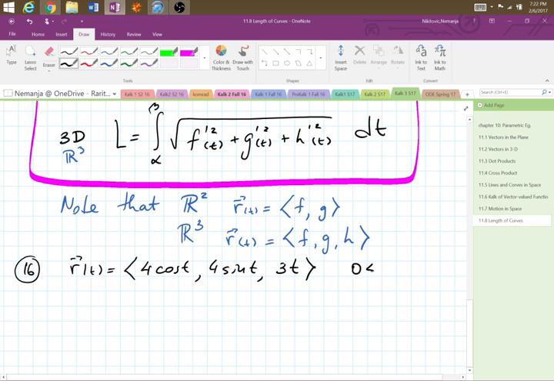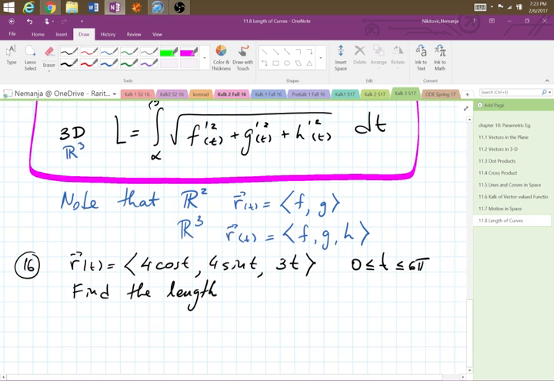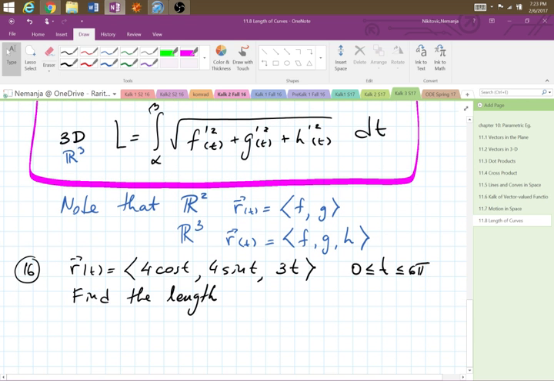Helix. So t is between 0 and 6 pi. Find the arc length. Find the length. Have fun. No pressure, 18 seconds.